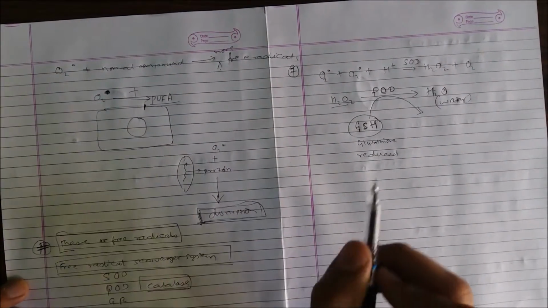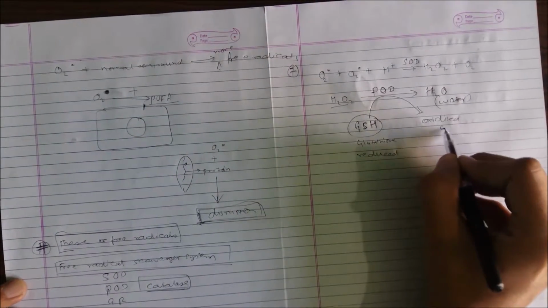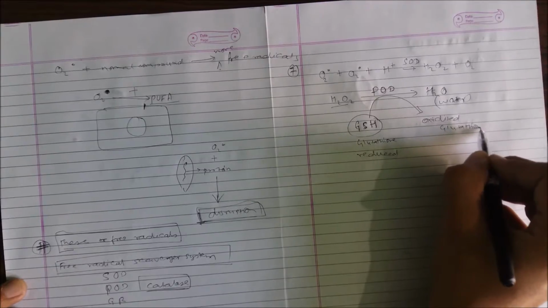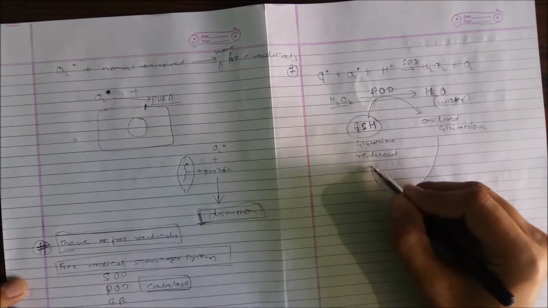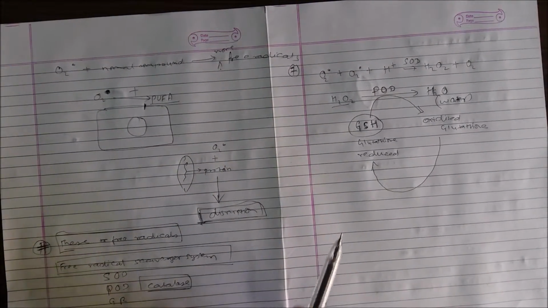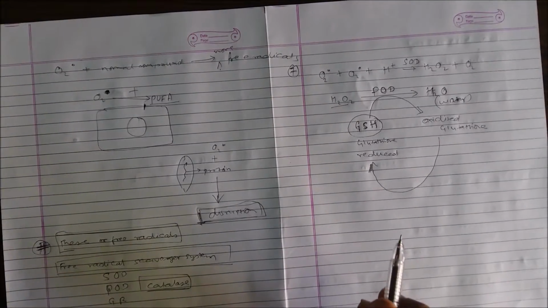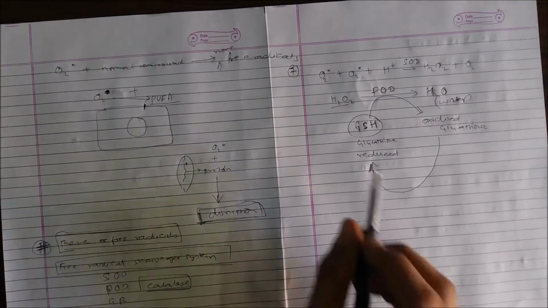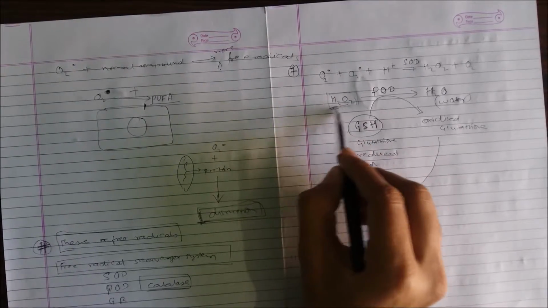After this reaction, the reduced glutathione is converted into oxidized glutathione, which has to be converted back into reduced glutathione so that this reaction occurs continuously in the lens, and the free radicals do not get a single chance to destroy all the normal structure of the lens.